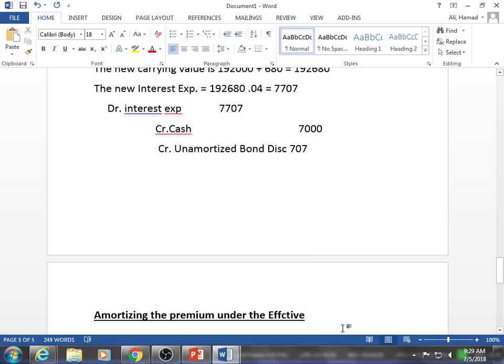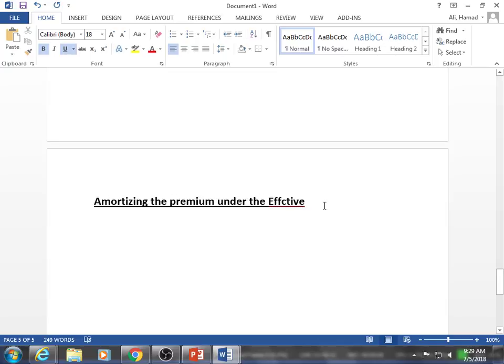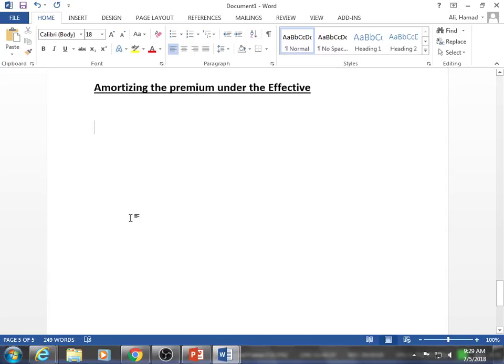Same thing, we start with the carrying value. How much was the carrying value under the premium? 208,530. Interest expense is equal to 208,530 times 4%.